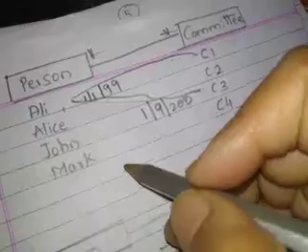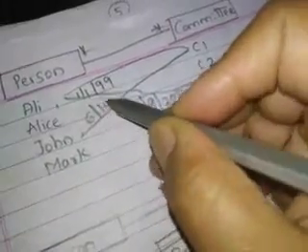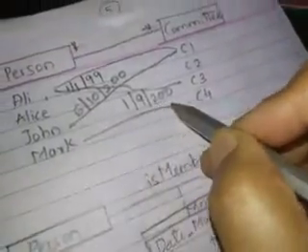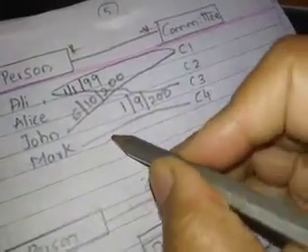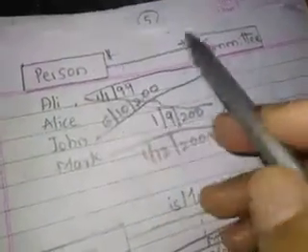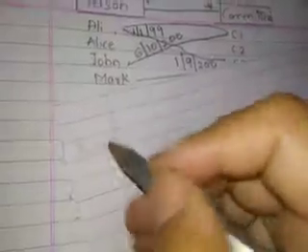Similarly, John has become a member of C1 on 6th October 2000, and Mark is a member of C4 on 1st December 2001. Since the association is many to many, if I make the membership date an attribute of person, then what will I have now?